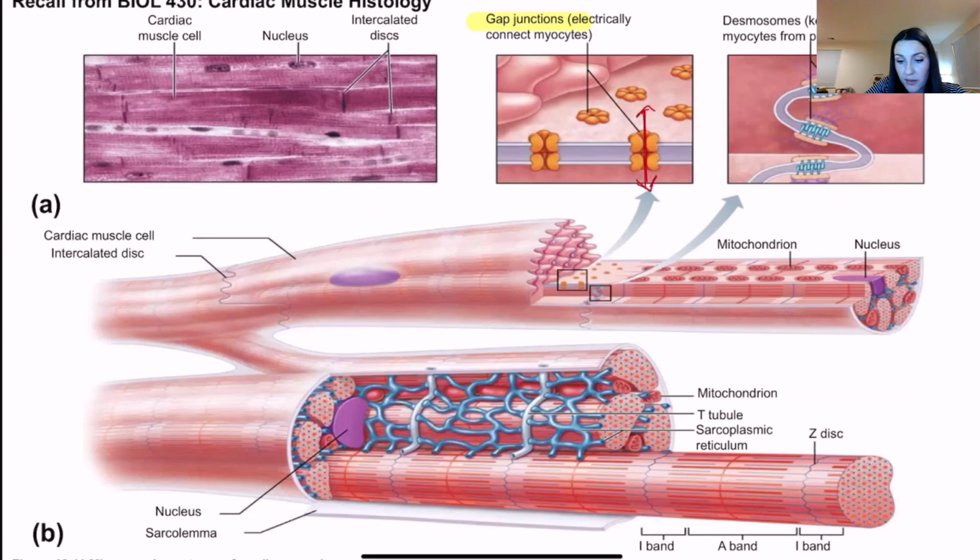This allows for rapid communication. We also have desmosomes. Desmosomes I always think of as like cellular Velcro. We're really sticking these cells together. So an intercalated disc is both a gap junction and it's a desmosome. That's what's holding those cardiac muscle cells together and allowing them to communicate so rapidly.